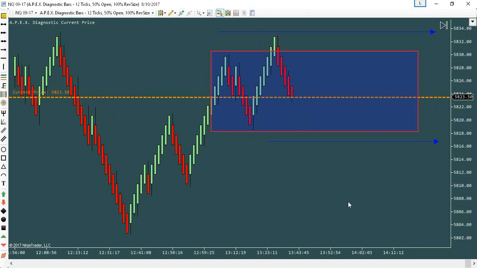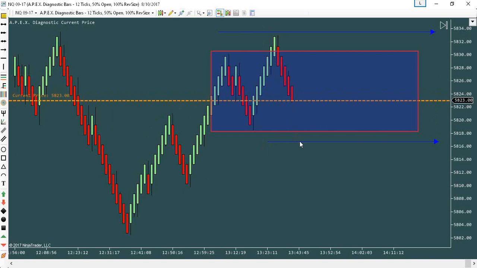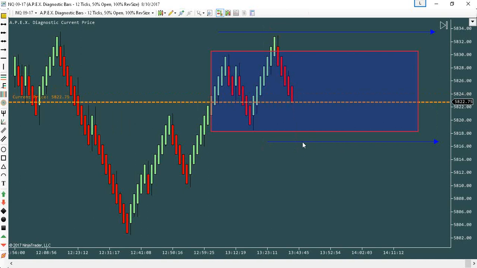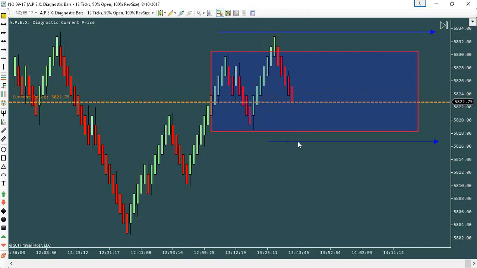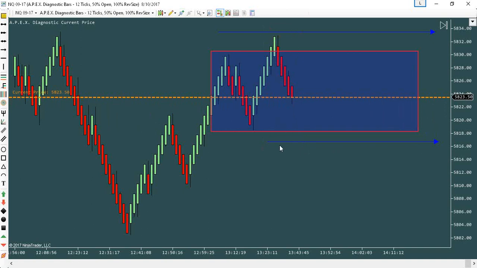What's the market doing right now in this example live, Sharon? It's coming back down. And what if it comes all the way back down and hits this strike? How much is this one worth? And what are we going to do when it hits this strike? We're going to close this one for a $25 loss. So what do we just lose? 50 bucks.